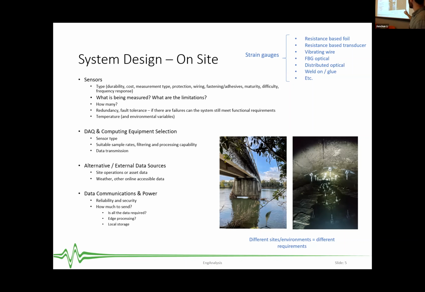I've just got two pictures here to point out the differences in environment. They're both measuring tilt on a structure. The one on the left is a photo I took sitting in a deck chair by a river, programming a logger. It's nice. Communications is easy. Power is easy.